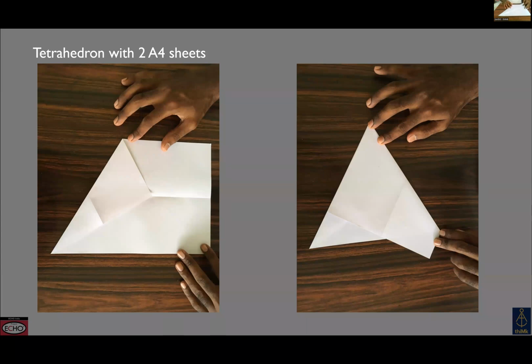So this is what I have, or it's like this. And then I take this sheet and fold it along this thing here. So you have something like a triangle with a little extra portion here, something like this.